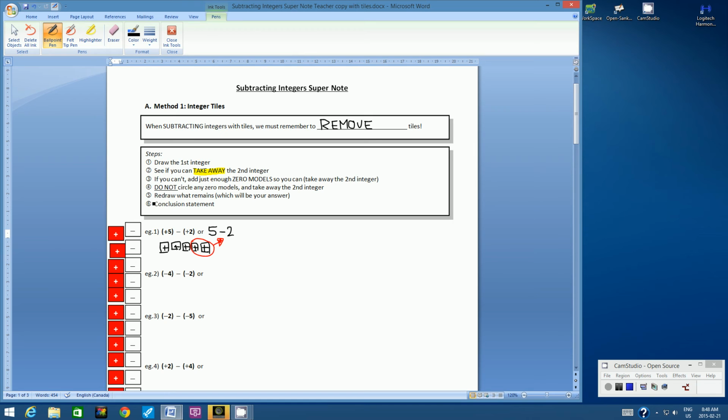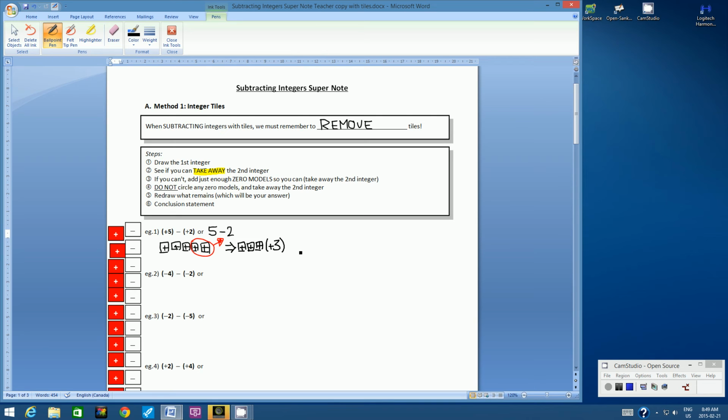Step number 5, redraw what remains. We've always used this type of arrow to show our ending diagram. And what remains is 3 positive tiles. So let's draw 3 positive tiles. That's our solution. So let's put an integer answer beside our tile solution.